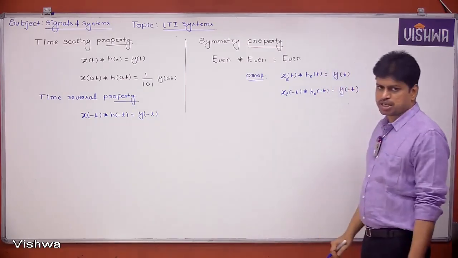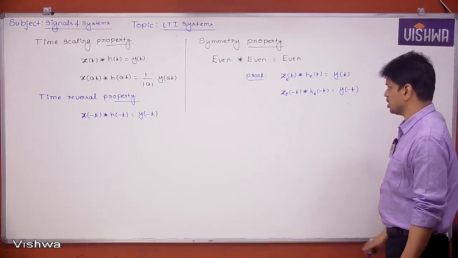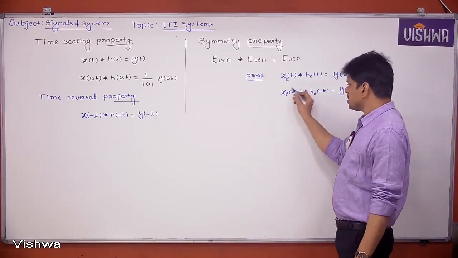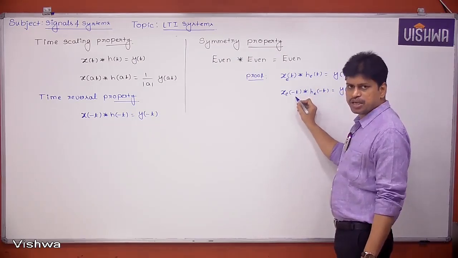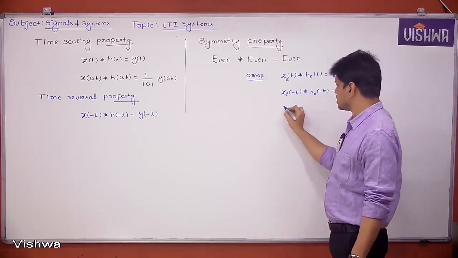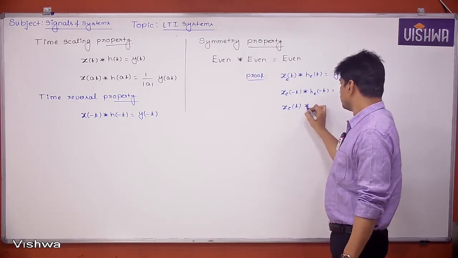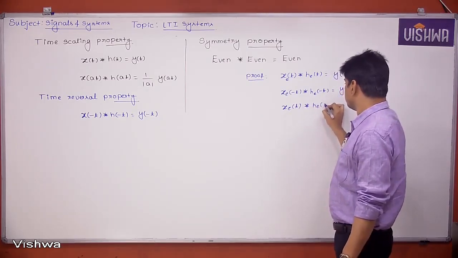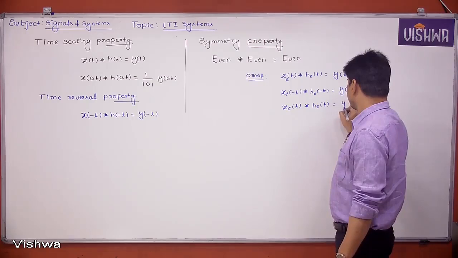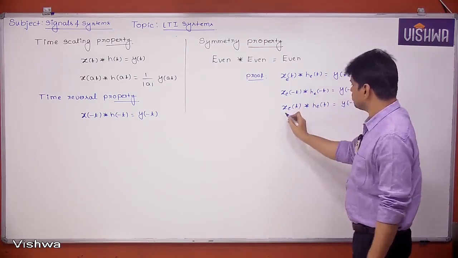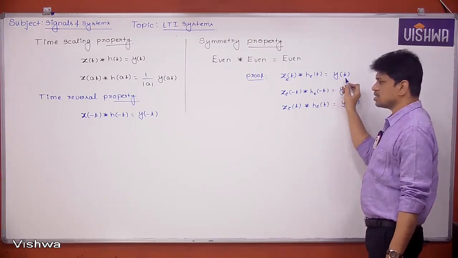Now you tell me, for an even signal, if I time reverse, will it make any difference? No. It gives the same answer, x of t convolved with h of t is equal to y of minus t. Now, we know this result is nothing but y of t.